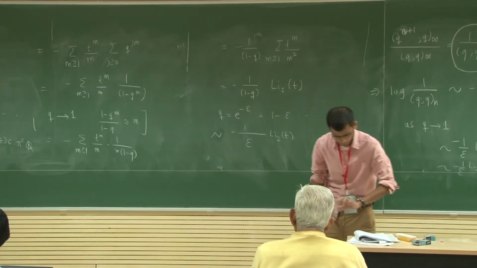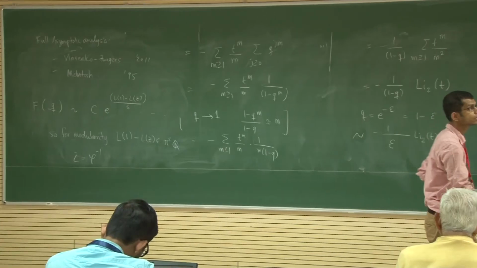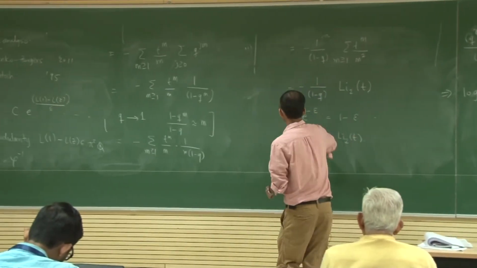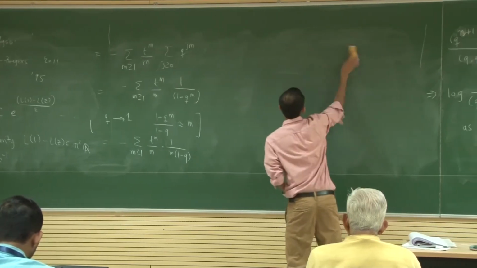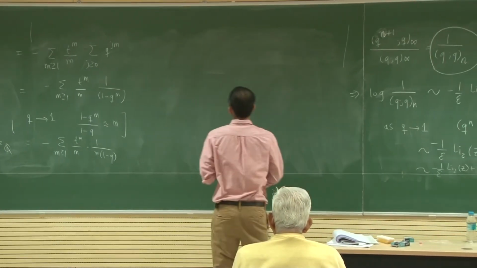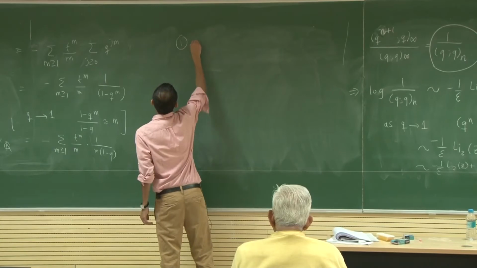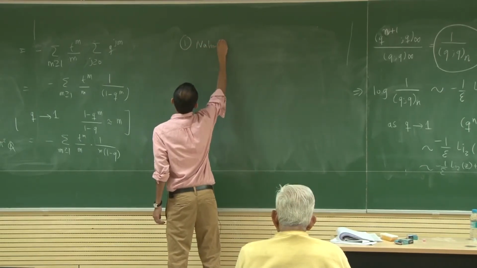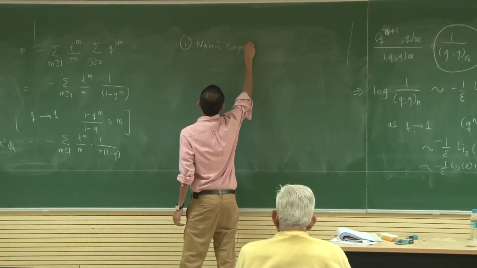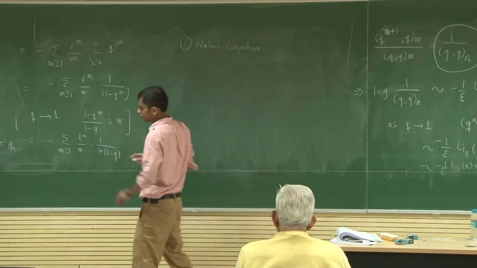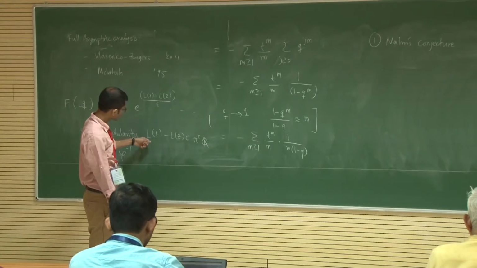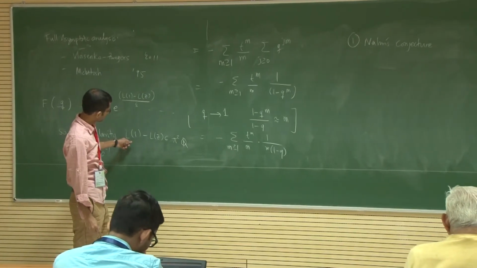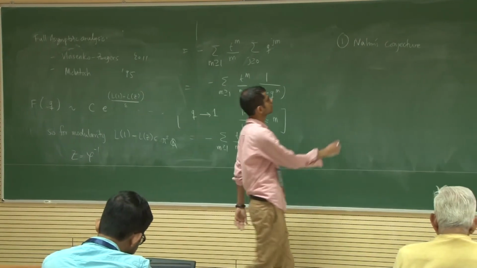Okay. So I am running quite close to the time. So I will just tell you briefly in words now two things: Nahm's conjecture. Okay. Right. So this is Rogers dilogarithm. It is known to satisfy some functional equations.